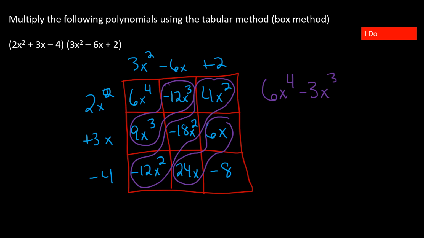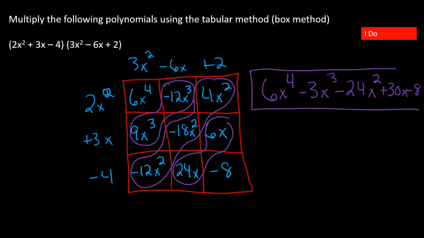And negative 30x squared plus 4x squared would be a negative 26x squared. Okay. Then we have 24x plus 6x, which would be a positive 30x. And then lastly, negative 8. And this is using the tabular method, also known as the box method, to multiply these two polynomials. Okay.